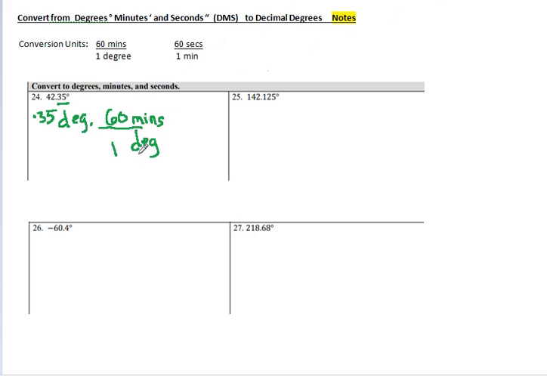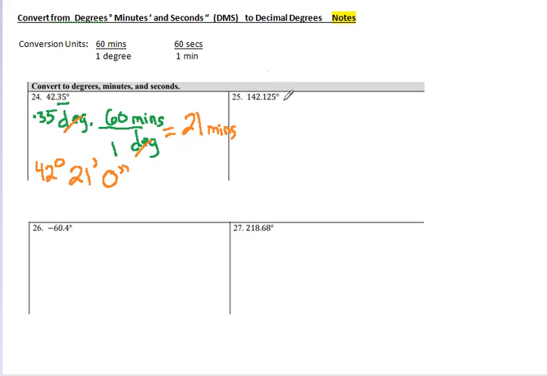We will cancel out the degrees, do the math in your calculator, and you get 21 minutes, so there aren't any seconds left over. We stick that together with our whole units of 42. So we have 42 degrees and 21 minutes. And some places where you're doing these types of problems want you to write that you have 0 seconds, just like that.